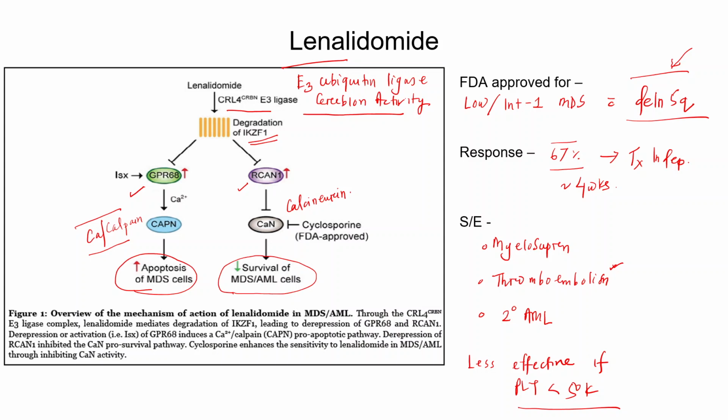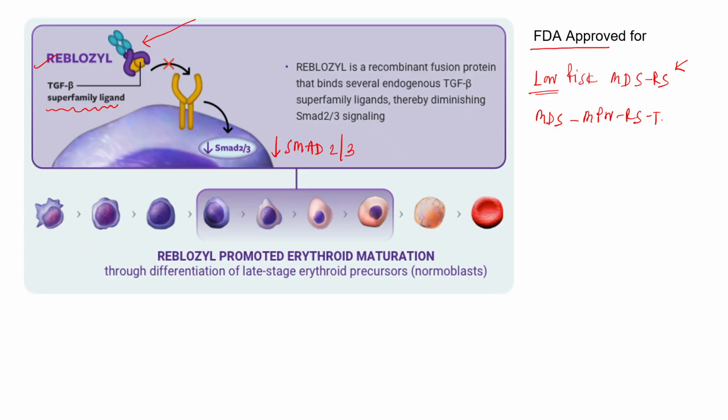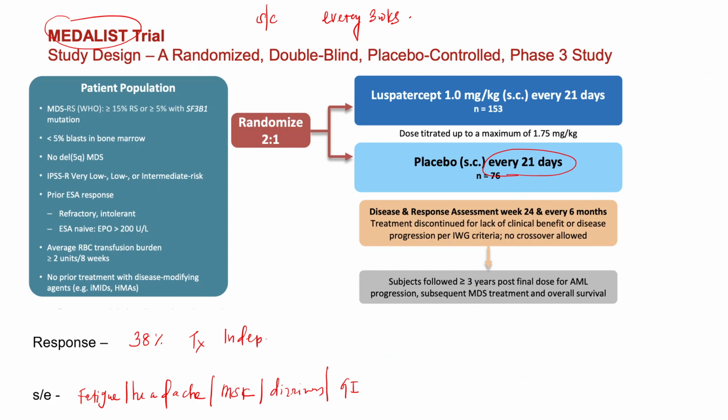So in any given case of MDS, if they have a normal or high platelet count, there might be a possibility of deletion 5q. And studies have shown that if the patient has a low platelet count of less than 50,000, lenalidomide is not that effective. Okay, and the trial name is the MEDALIST trial for luspatercept in MDS.